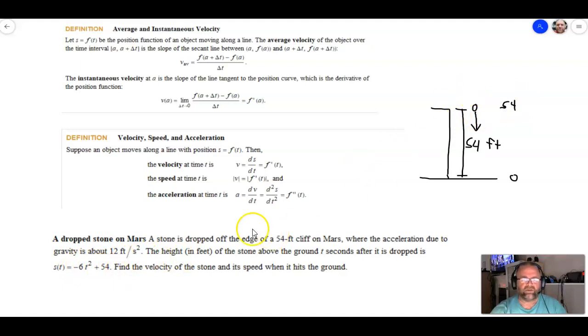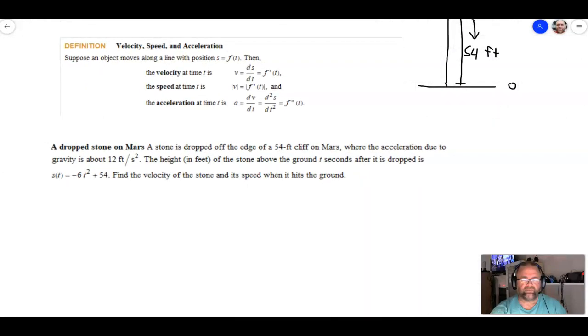Knowing that, we want to know what the time t is going to be when it gets down to 0. So we can set up this equation here. Let me give myself a little bit more room. We're going to say negative 6t squared plus 54, and we want to see what is the t, the time, when it gets down to 0.